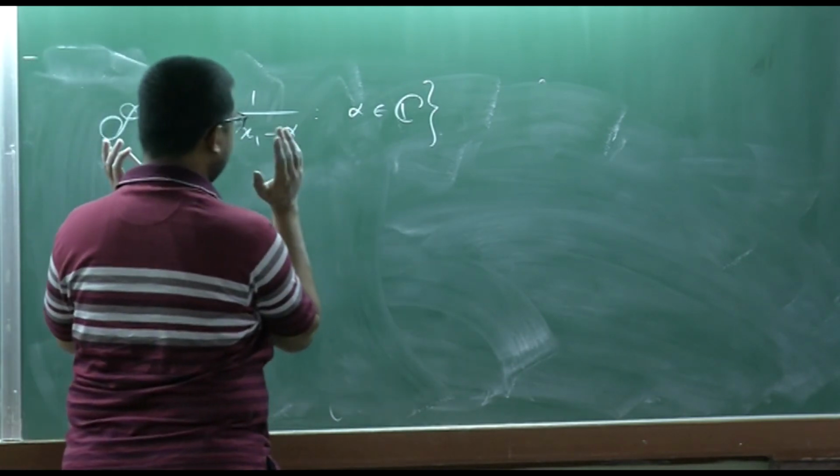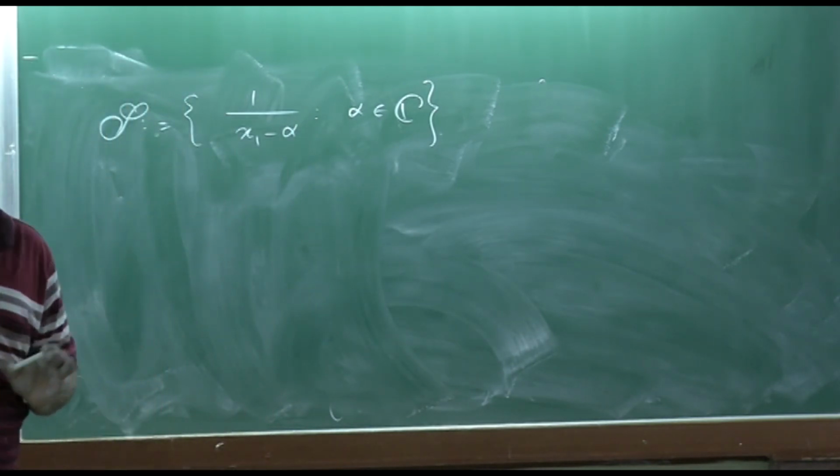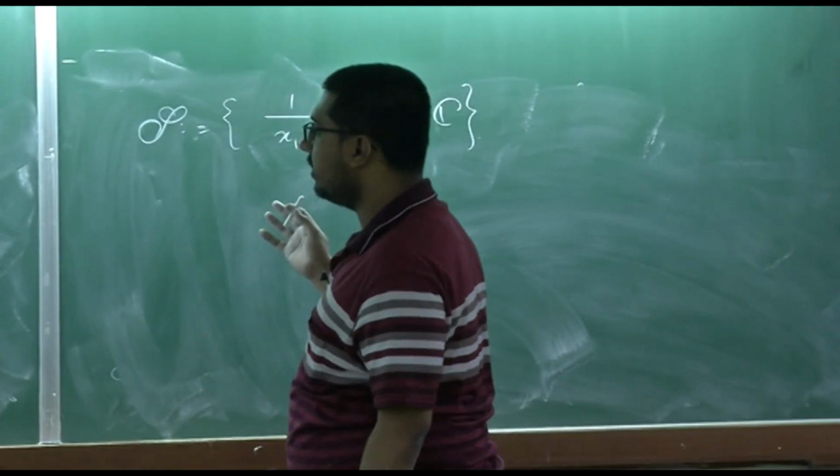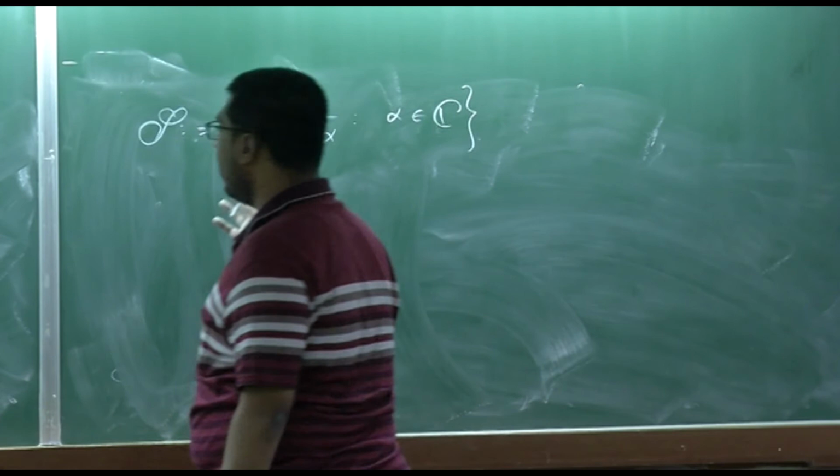So this is of course an uncountable set, an uncountable subset of this polynomial ring. So I just have to show that this is a linearly independent subset.